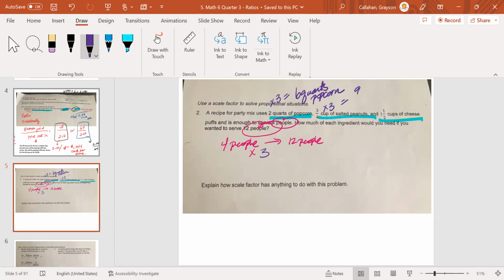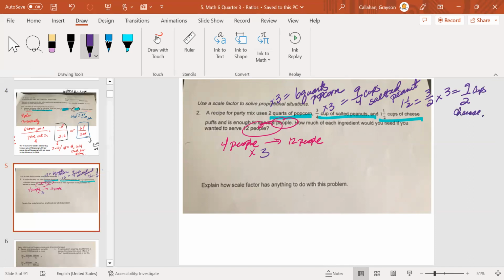Times 3 is 9/4 cups of salted peanuts. 1 1/2 is the same thing as 3/2 times 3, which is 9/2 cups of cheese, right? So your multiplier here is 3. So you just multiply everything by 3.